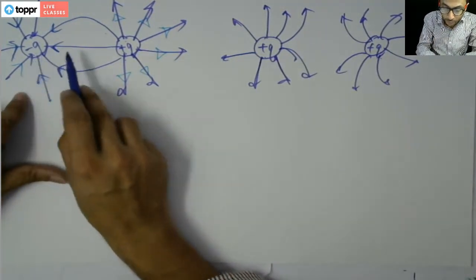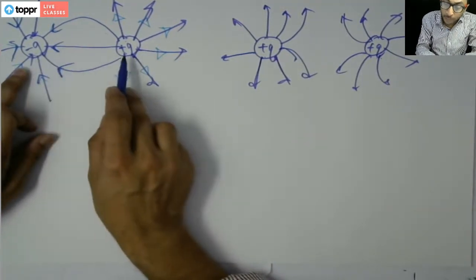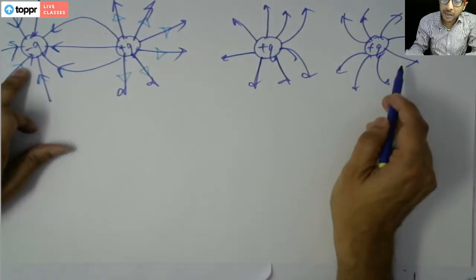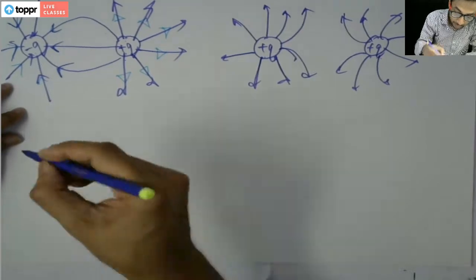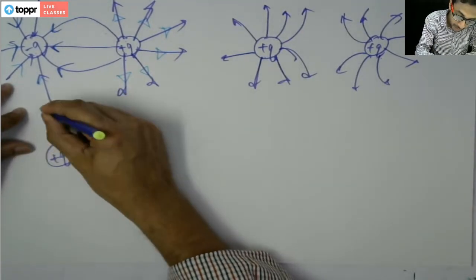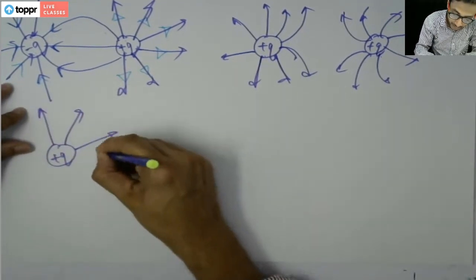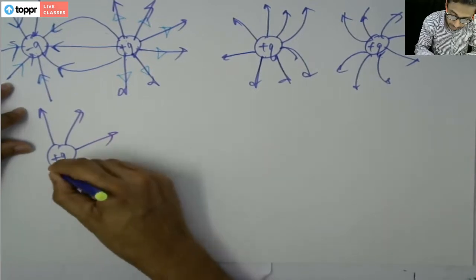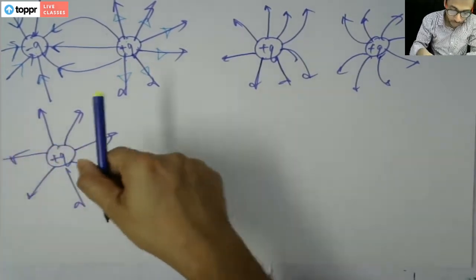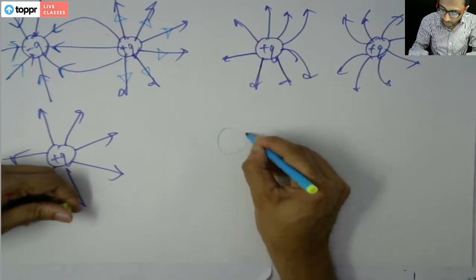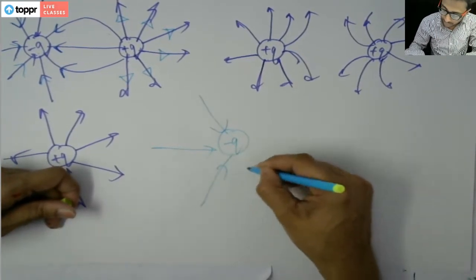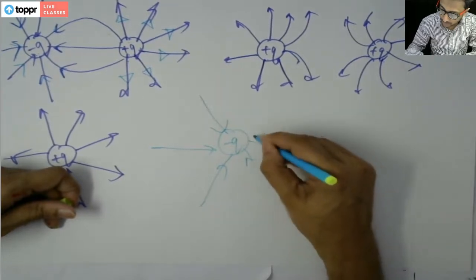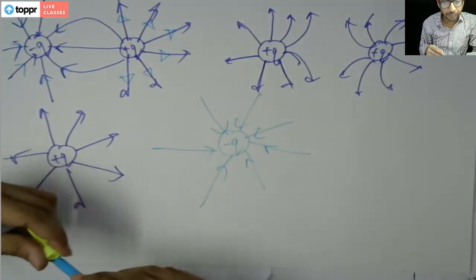So this is for opposite charges, and this is for similar charges. And for plus Q, always remember the electric field originates from it, and for minus Q, the electric field comes towards it. Got it?